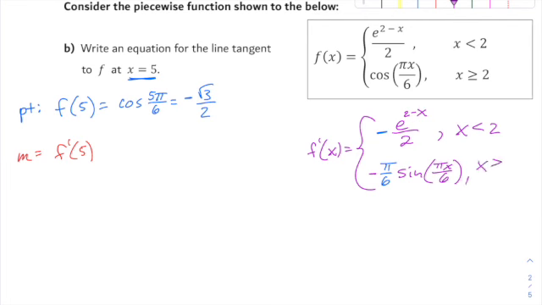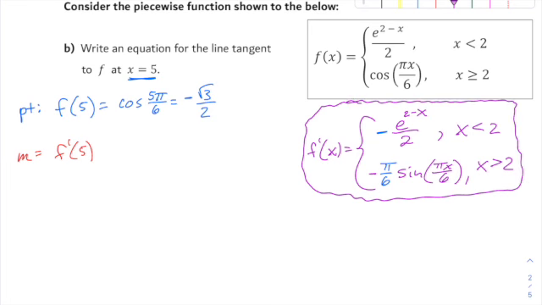And that would be for x values greater than 2. Notice I didn't include equal to 2 because I'm not sure that the derivative exists at 2. That would be a different thing altogether, I'd have to check for differentiability. But this, I just want the derivative at 5 for my tangent line, and that would be using the second piece. So negative pi over 6 sine of 5 pi over 6.